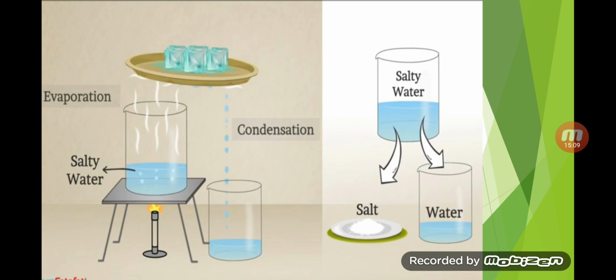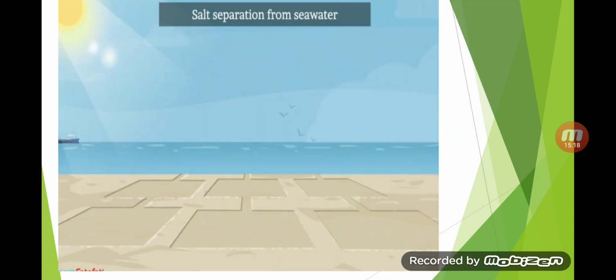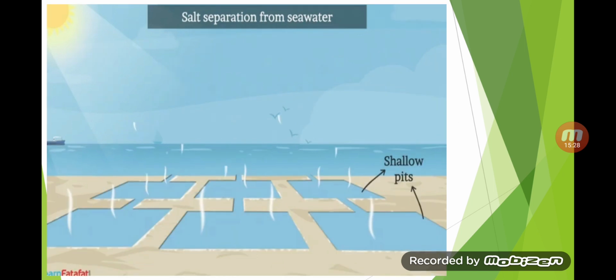You know, this process is followed by many people to get salt from the sea. You can see here a bank of the sea, and many pits are made here, filled with salty water, and the sunlight is allowed to fall over it.